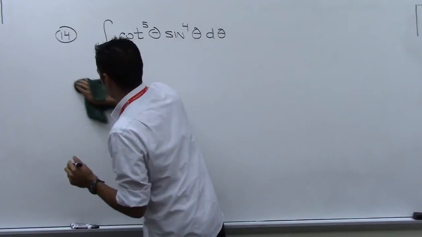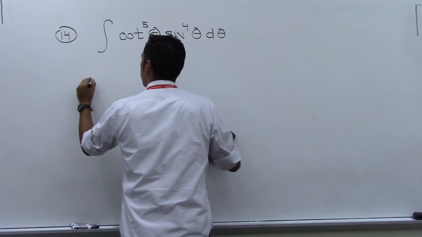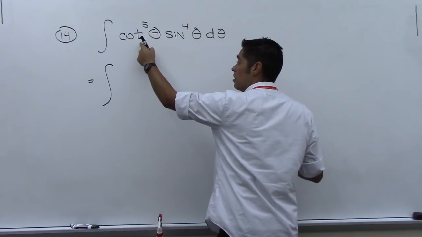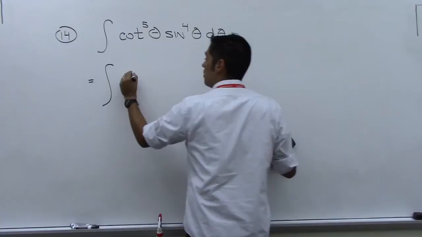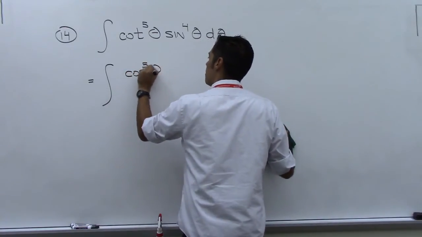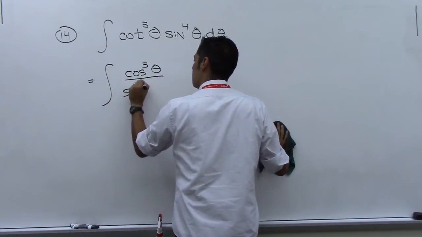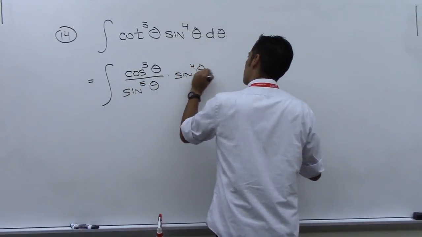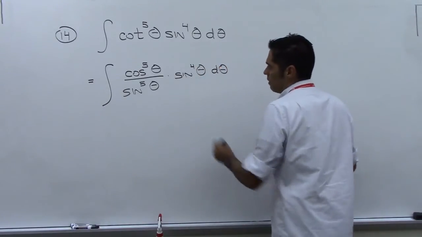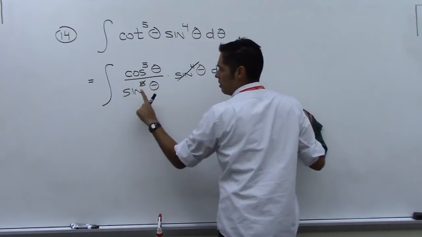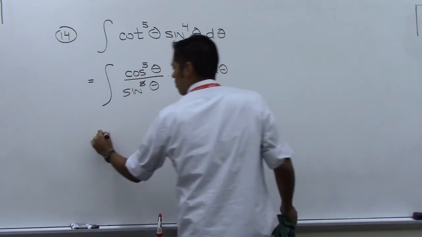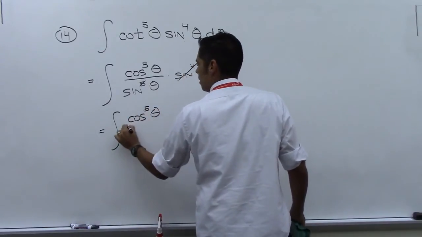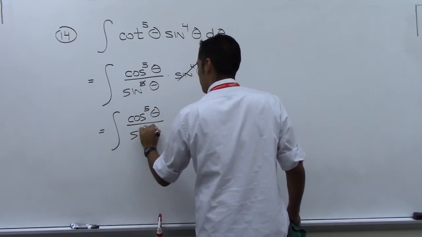Cotangent is the reciprocal of tangent, and tangent is sine over cosine, so this is cosine to the fifth theta over sine to the fifth theta, and then I have sine to the fourth theta d theta. Four of my factors of sine cancel out, which leaves one factor of sine, so I have the integral of cosine to the fifth theta over sine theta d theta.